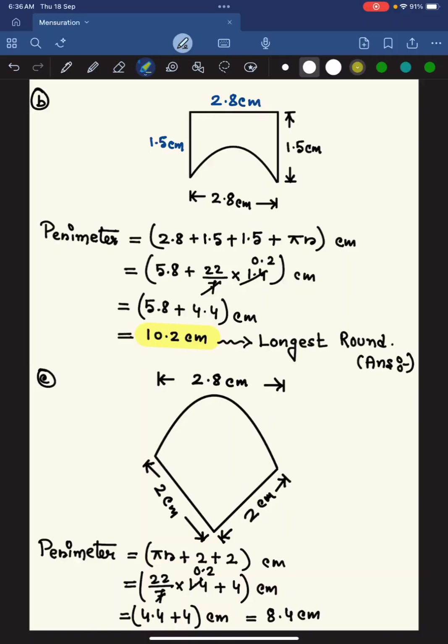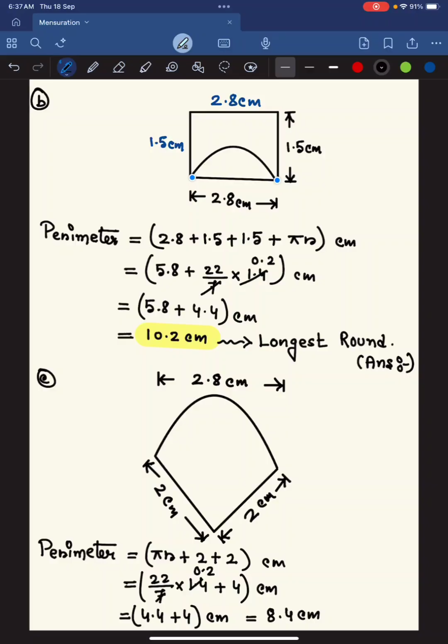Okay, now let's come to part C. First understand this, these are not any regular figures. These are figures made by some regular shapes. Just like this looks like a rectangle, and if we join this, then this will become a complete rectangle, right?